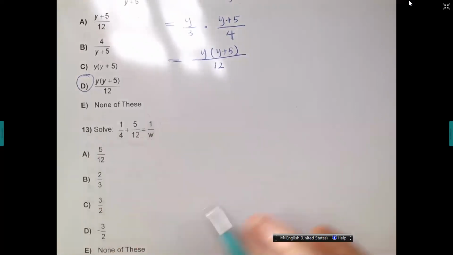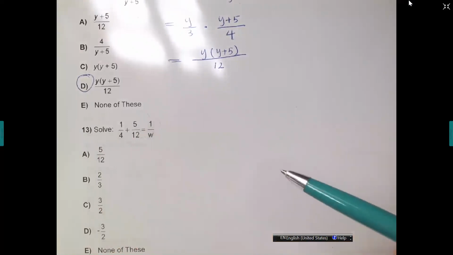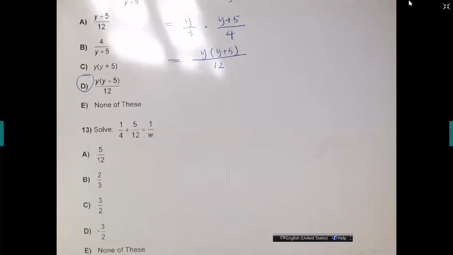Okay, the general rule to solve any rational equation is very, very similar to simplifying the complex rational expression. We still don't want to work with the denominator. We want to get rid of all the denominators. How?